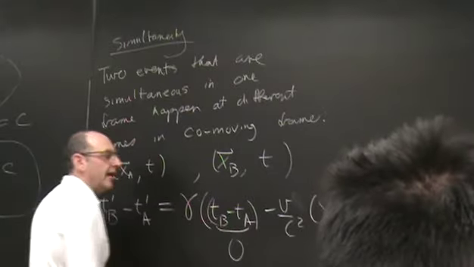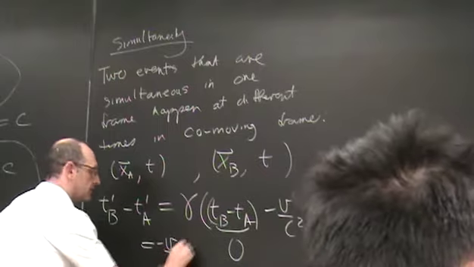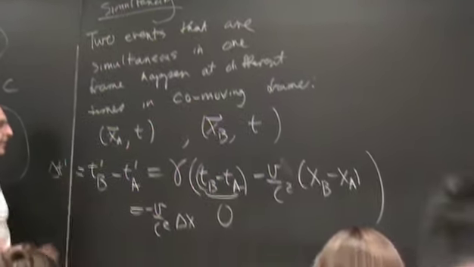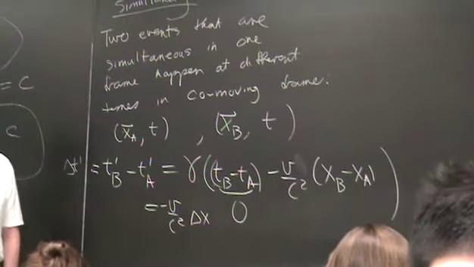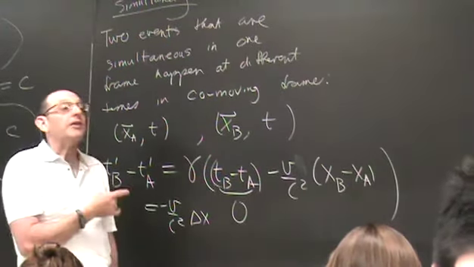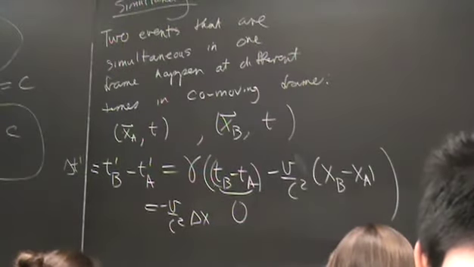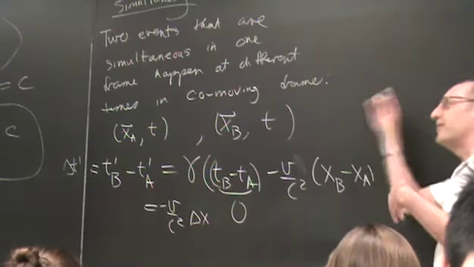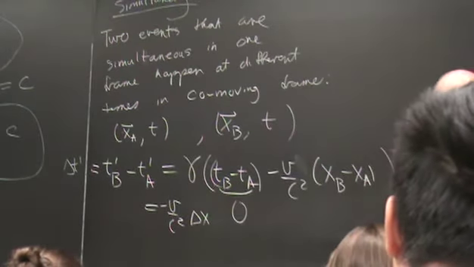These times are the same, but if these x coordinates are different, then this time is not 0. These two times are separated. So events that are simultaneous in one reference frame are not going to be simultaneous in another reference frame. And every paradox in special relativity is always about that. You know, the barn didn't close at the same time. First, the first part of the ladder went in, and then the second one, and all that kind of stuff.